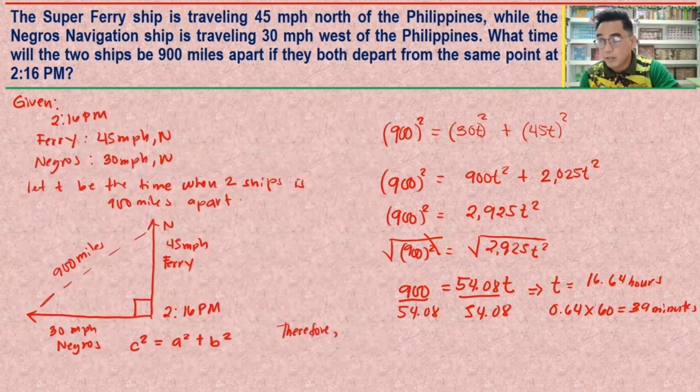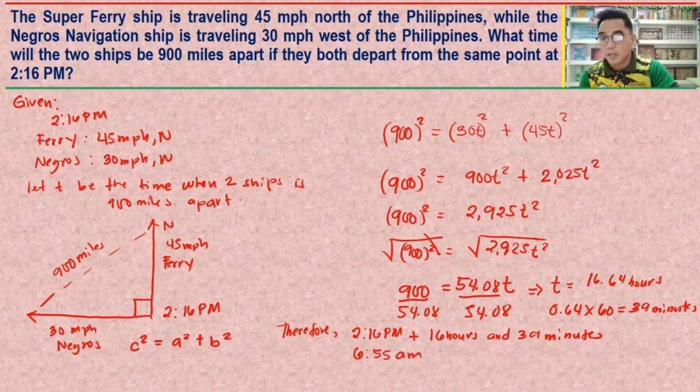Therefore, if they started leaving the same point at 2:16 p.m., we're going to add it to the 16 hours and 39 minutes. We can have this time, 6:55 a.m. How?